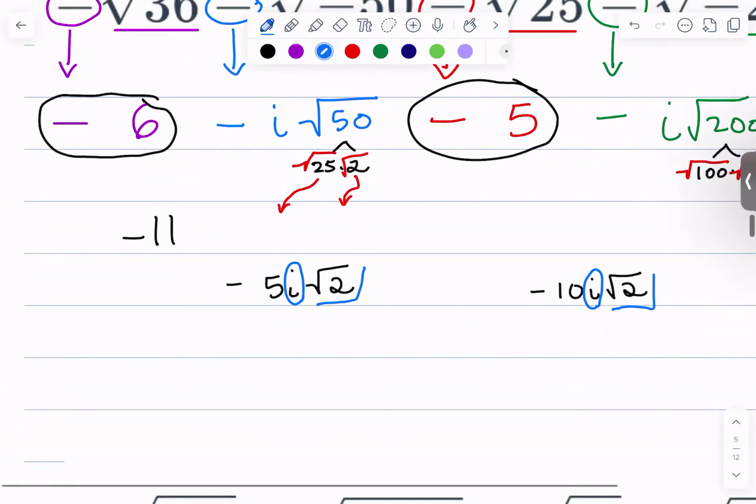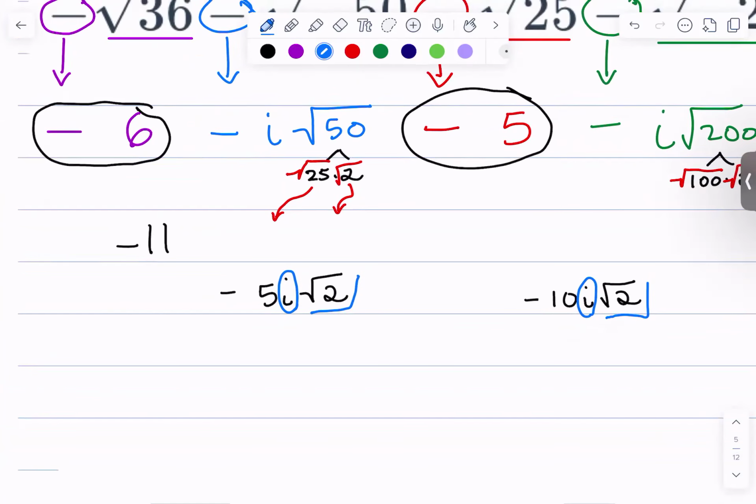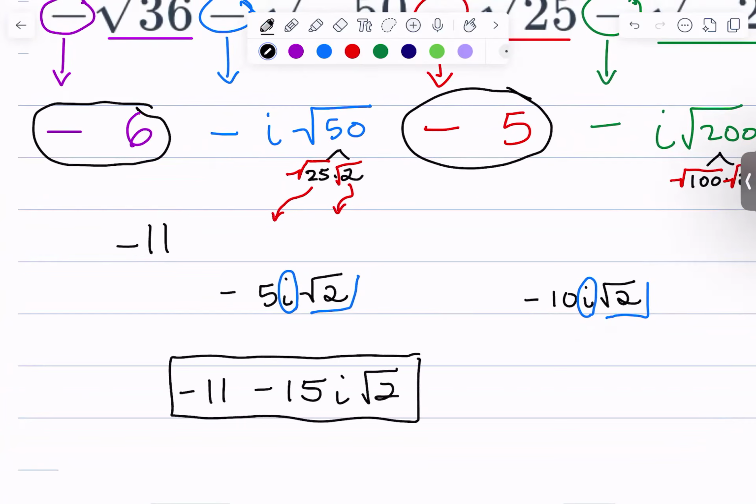Okay? So here we would have negative 11 minus 15i square root of 2. If they were to be different, what's in the square root, yeah, then I would have 3 terms as my solution, not 2.